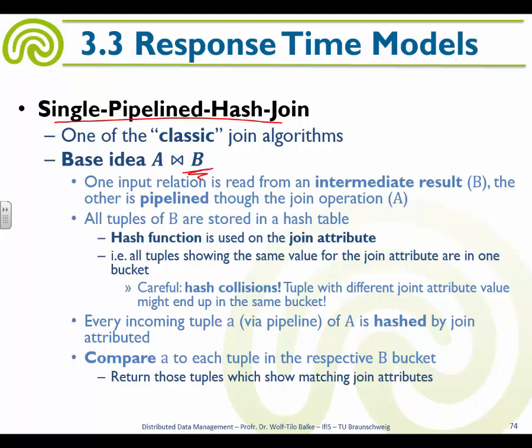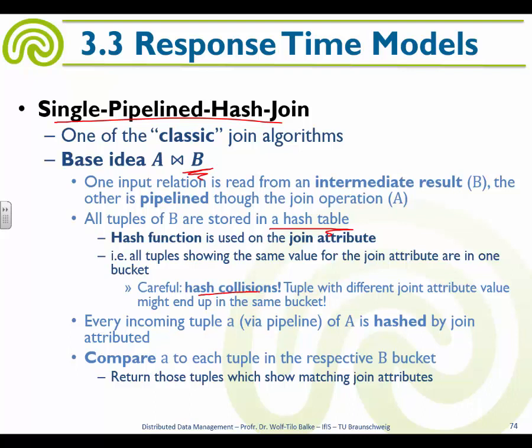In case it matches, I need to wait until the matching tuples are produced. In case it does not have a partner in B, I can throw it out immediately, right? Clear? Where the difference is? But I definitely need this hash table. So the tuples of B have to be stored in a hash table, and the hash function is used on the join attribute. So all tuples showing the same value for the join attribute are in one bucket.